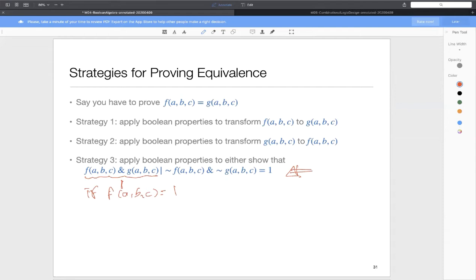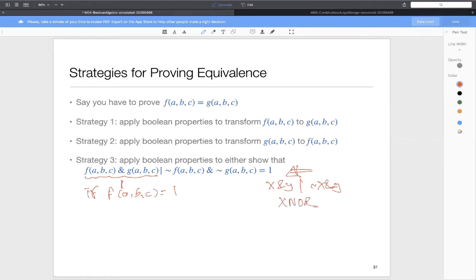Have you seen something like this anywhere? x and y, or not x and not y. Is this a NOT XOR? XNOR, yeah. So this is the XNOR operation.